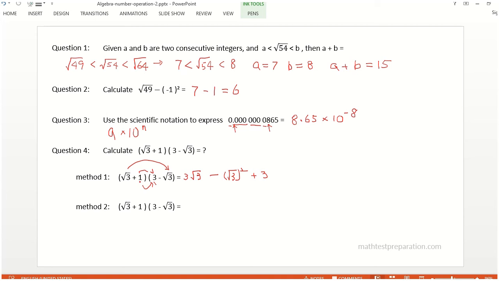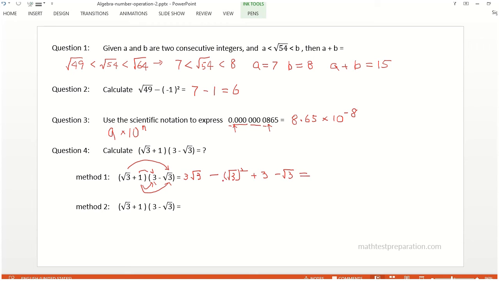And the second term in the first parenthesis multiply the second term in the second parenthesis, which is negative square root 3.